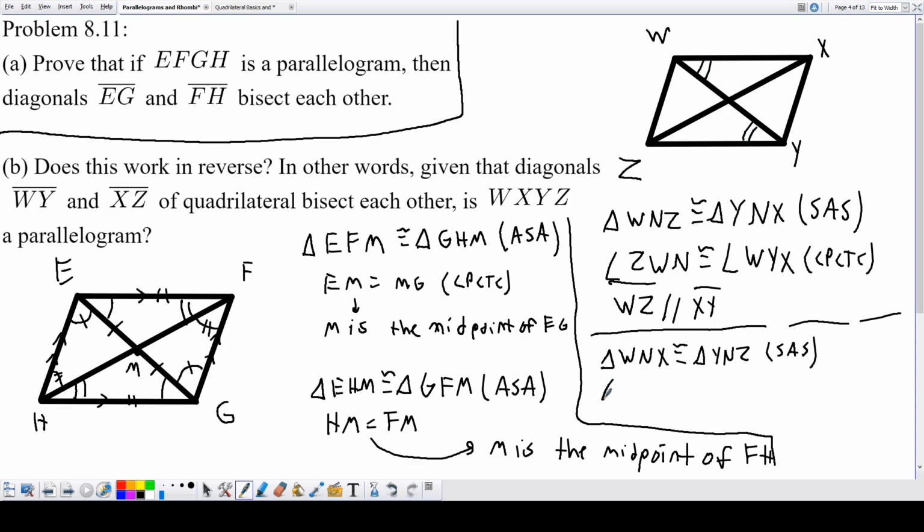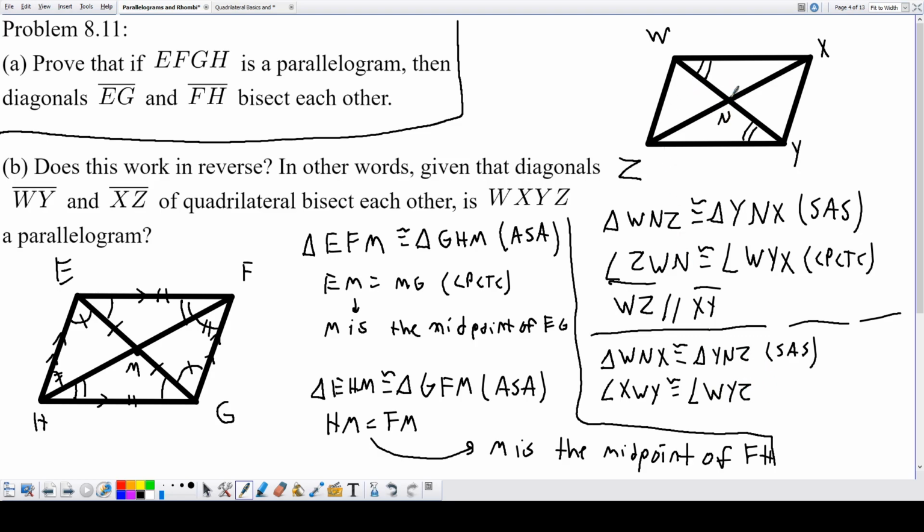So angle XWY is congruent to angle WYZ. That's CPCTC.